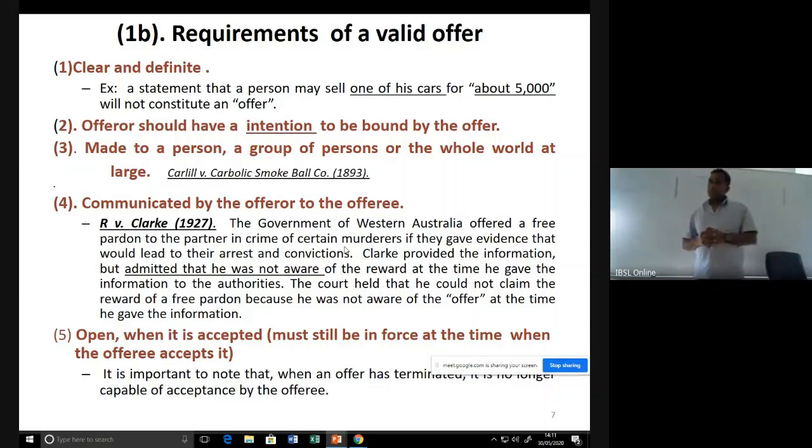That's an offer. The expiry date is not mentioned. The question is, how long will it be open? It will be open for a reasonable period.